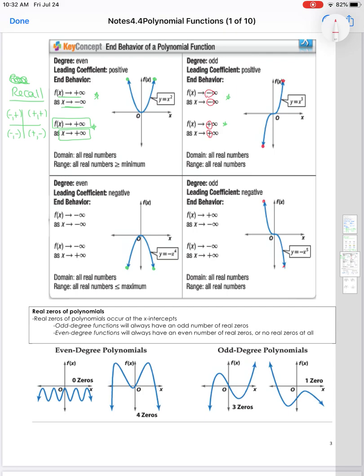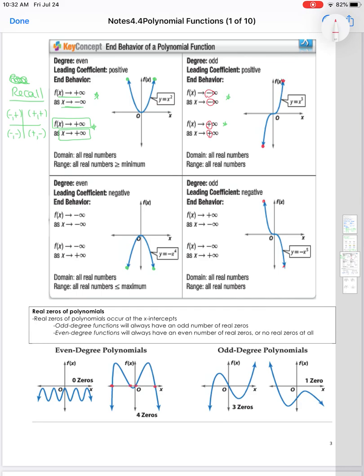First quadrant, they're both positive, which they are. Third quadrant, they're both negative, which they are. So they match. That's why it's important to go over the signs in each quadrant of the xy axis. If the degree is odd and the leading coefficient is negative, then you're in the second and the fourth quadrant, and the values that you write should relate to that.